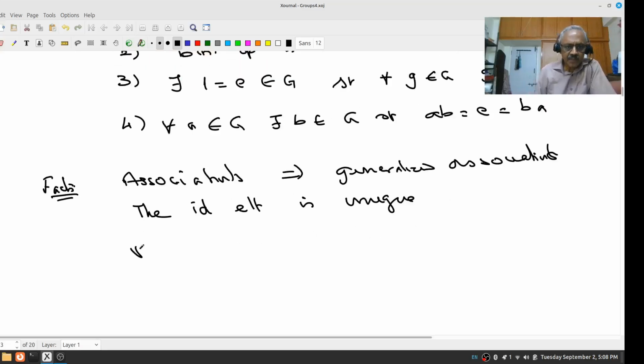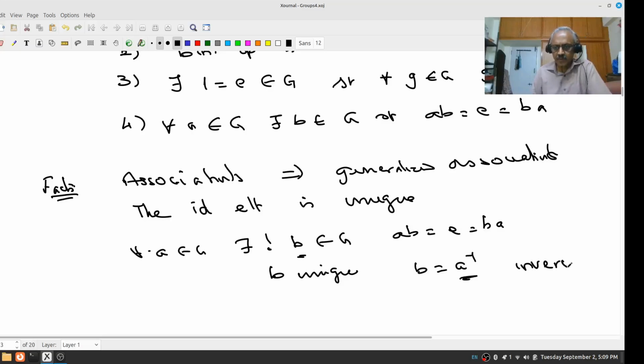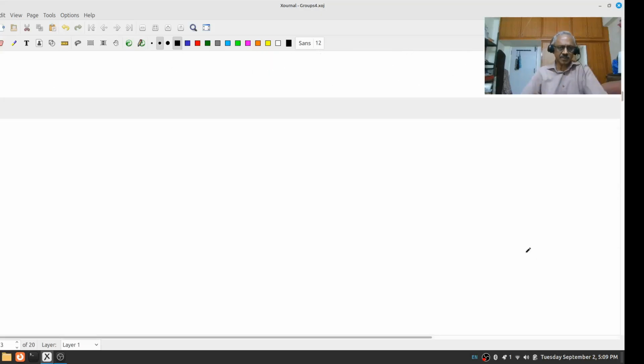And for every A in G, there is a unique B in G so that AB equals the identity. So this B is unique and denoted by A inverse. Call it the inverse of A. These are the facts which you already know. Now let us look at a lot of examples.